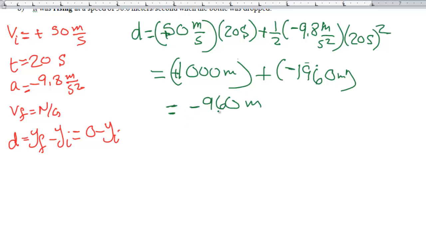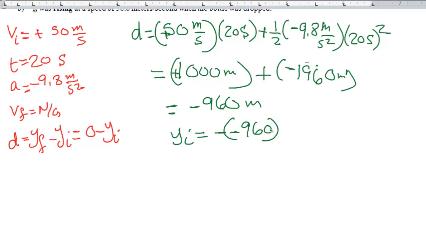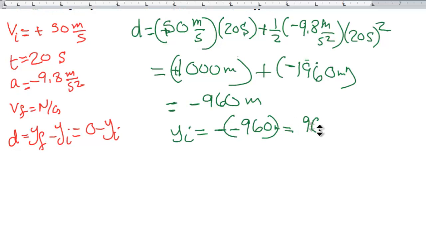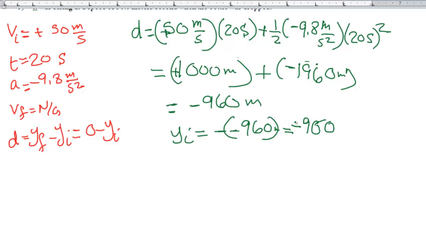The negative 960 is the displacement, and therefore y initial will be negative negative 960 meters, and this will give you positive 960 meters.